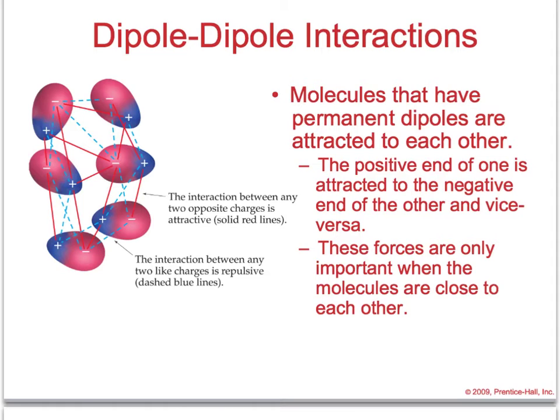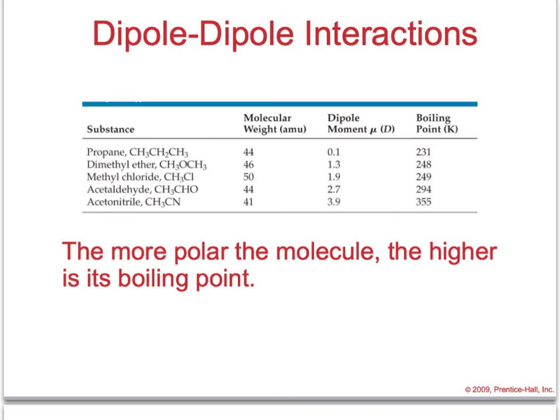As you see, we have dipoles over there. Can you read it, Hayden? Dipole-dipole interactions. Molecules that have permanent dipoles are attracted to each other. The positive end of one is attracted to the negative end of the other, and vice versa. These forces are only important when the molecules are close to each other.